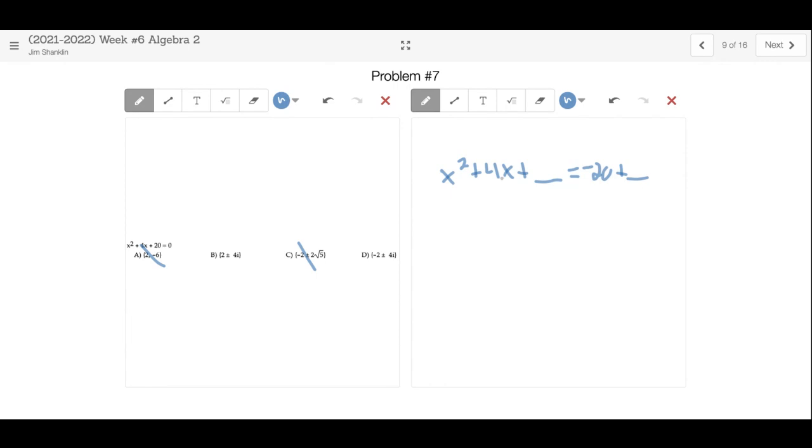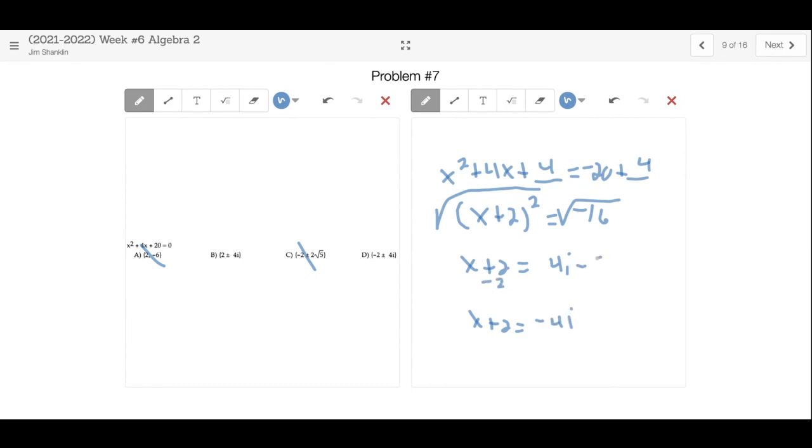Because when I take half of 4, I get 2. 2 squared is 4. I'm going to add 4 to both sides. Well, this is going to be a negative over here. So this is going to end up being x plus 2 squared is equal to negative 16. Well, when I take the square root, I'm going to end up with an i in my answer. So I end up with x plus 2 is equal to 4i, and x plus 2 is equal to negative 4i.